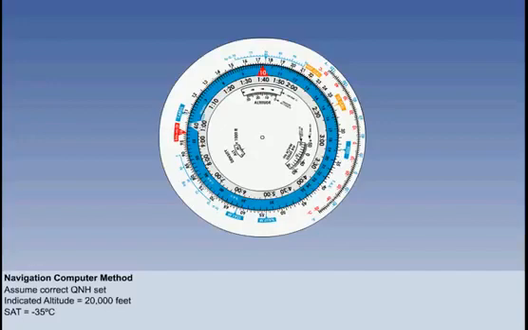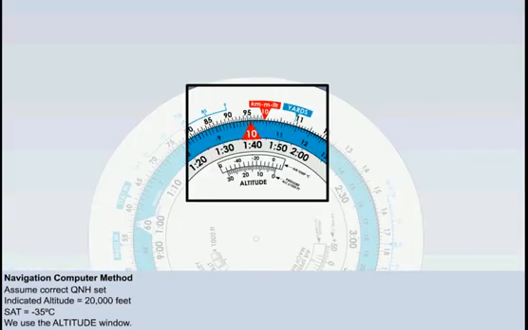Now let's look at the navigation computer method. For this one, you don't need to work out the ISA deviation. You enter the computer with the static air temperature at your indicated altitude. We carry out the calculation using the altitude window. In the altitude window, align 20,000 feet with the static air temperature of -35.